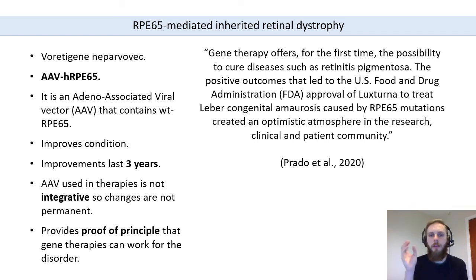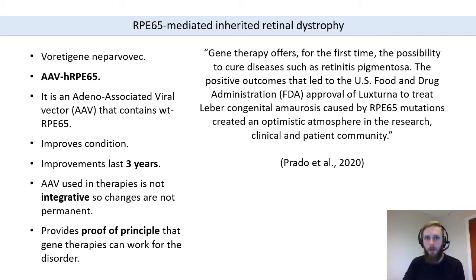Now you'll notice that this is a very recent paper. You'll also notice that we're talking about very specific examples. That's because we have to talk about very specific examples because very, very few of these approaches have been approved. The ones we're talking about now are the only ones I'm aware of. I may have missed one or two, but we're really talking about very, very low numbers.